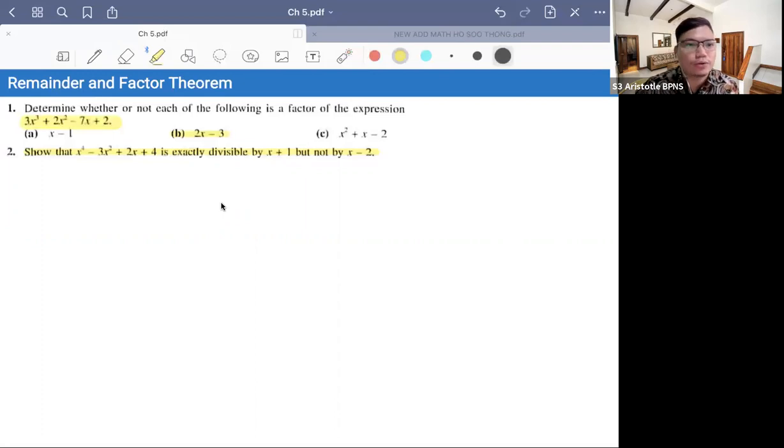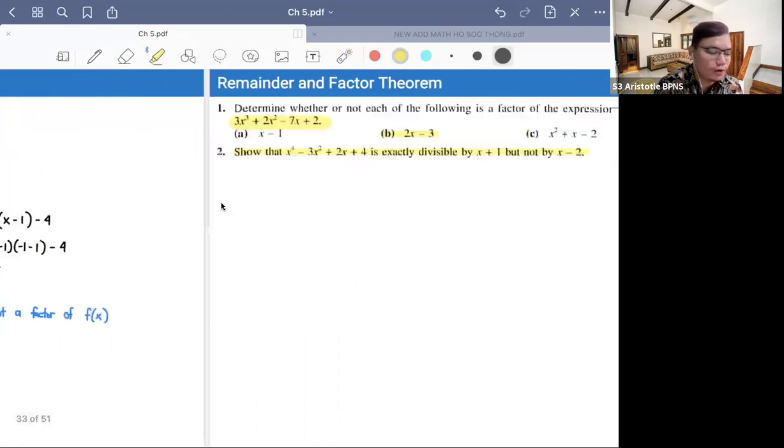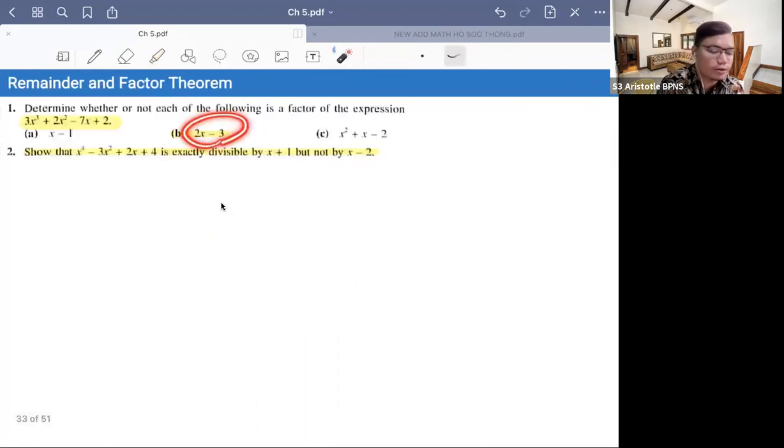Again, how would you do that? Same as my example here. You get the function from your divisor, 2x minus 3, and then you substitute that inside the given expression. If your answer is 0, that means it's a factor. If it's not 0, it's not a factor.